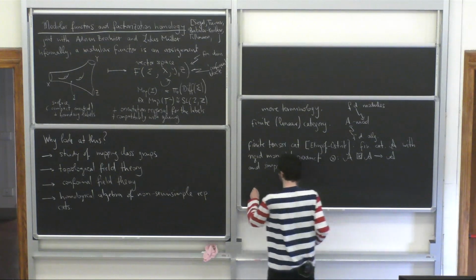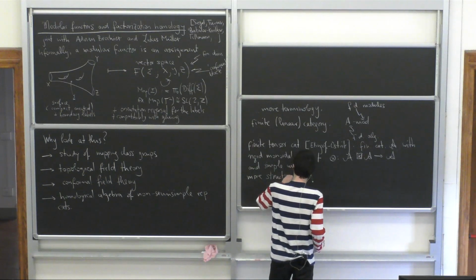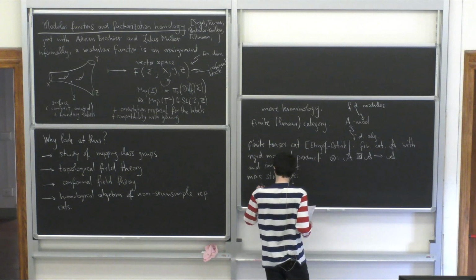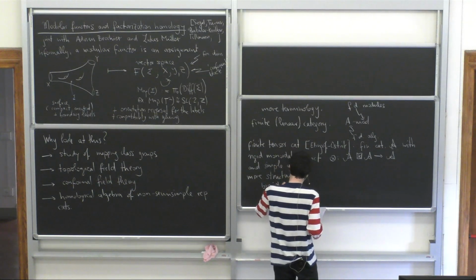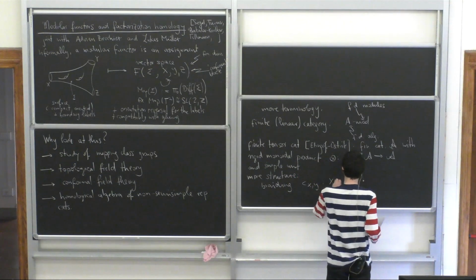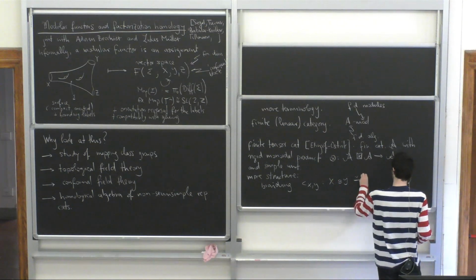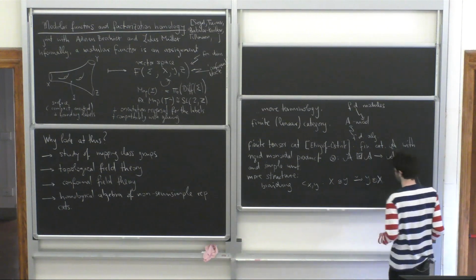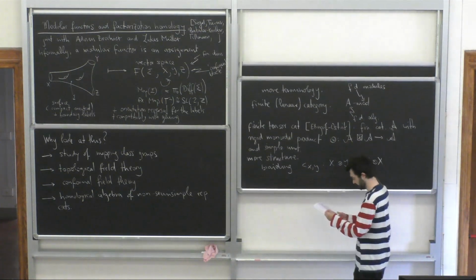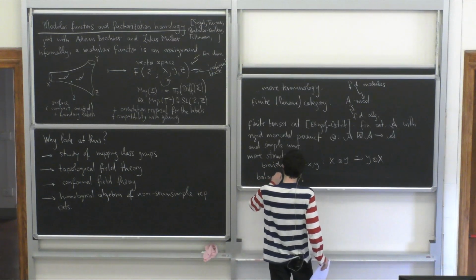So then there's more structure that this can have. And this is a braiding. These are isomorphisms of this form. So isomorphisms that make X tensor Y isomorphic to Y tensor X, and then there are some coherence conditions on this, so-called hexagon axioms. And there is also something that is called a balancing.